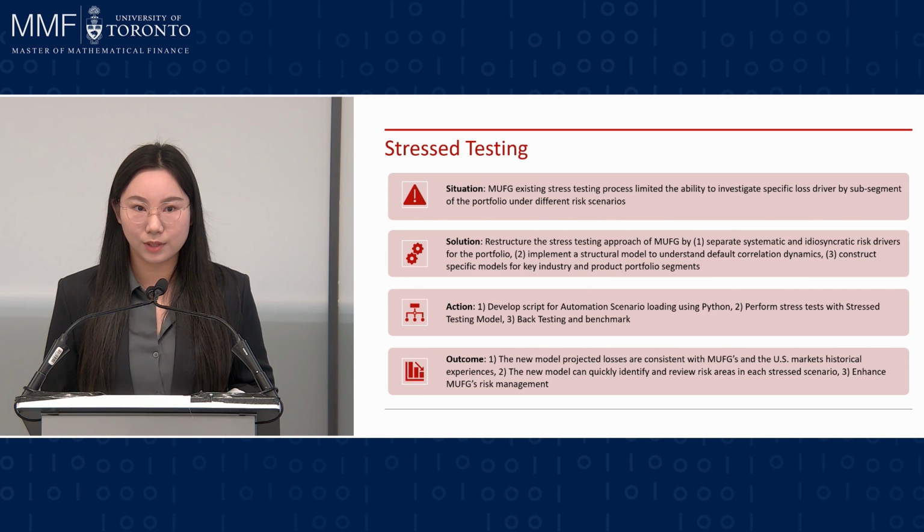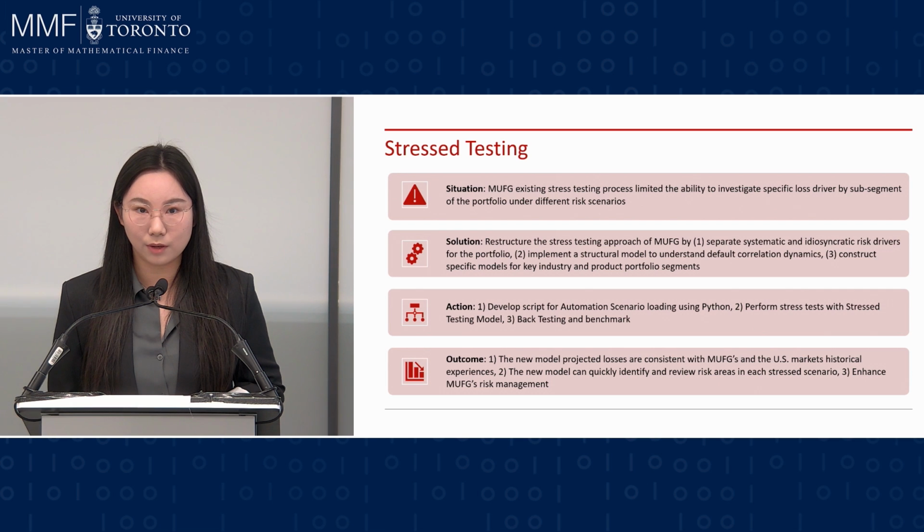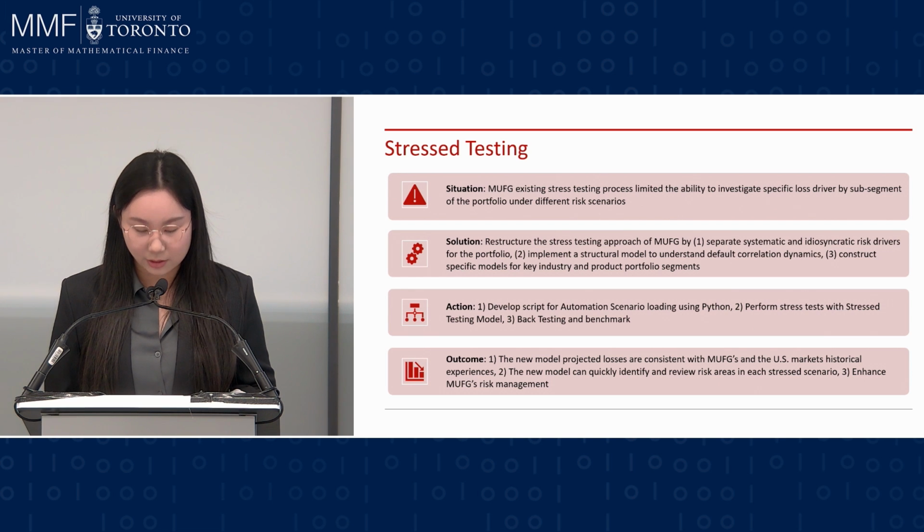So in this project, we developed an automation process, performed stress testing with the new model, and conducted back testing and benchmarking. The new model's projected losses align with the historical experience in the US market, and the model enhances MUFG's risk management by quickly identifying and reviewing the results in each scenario.